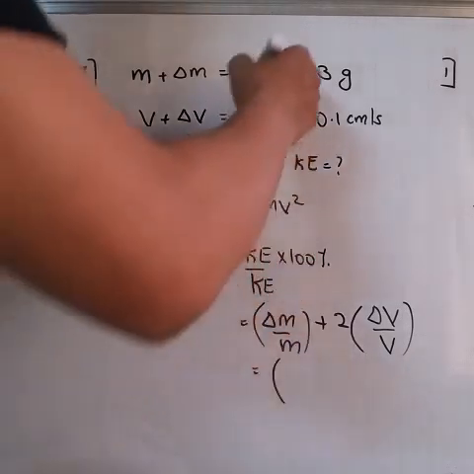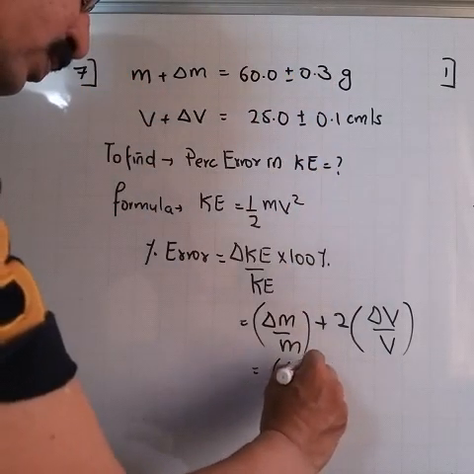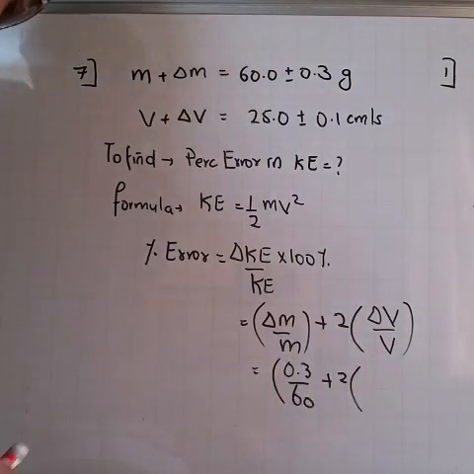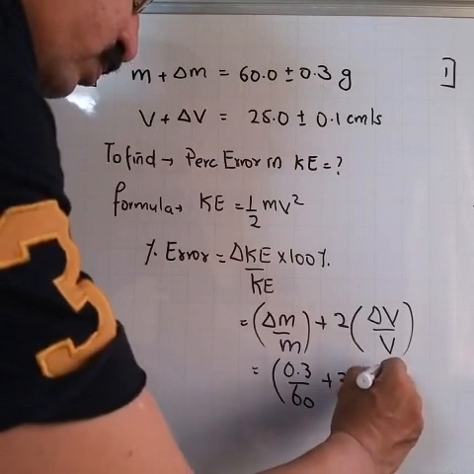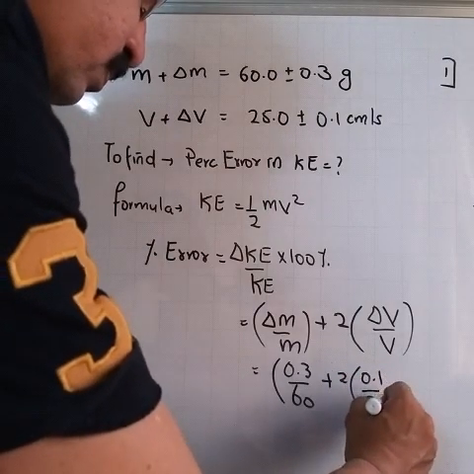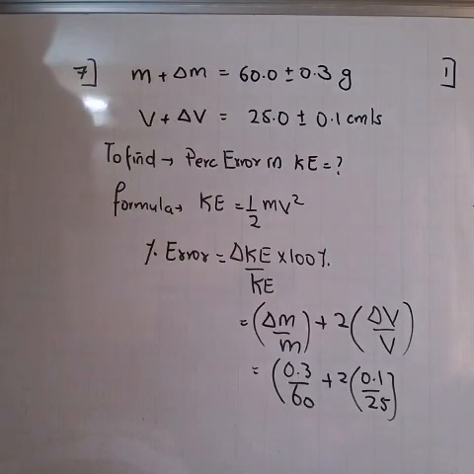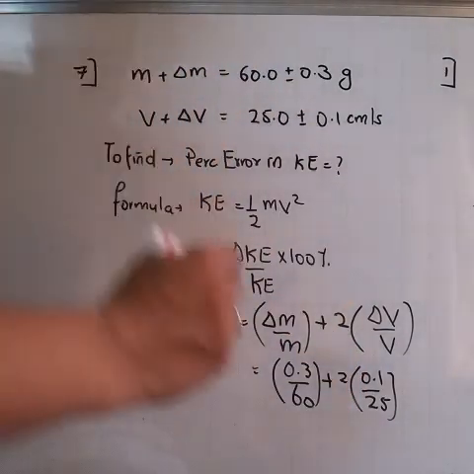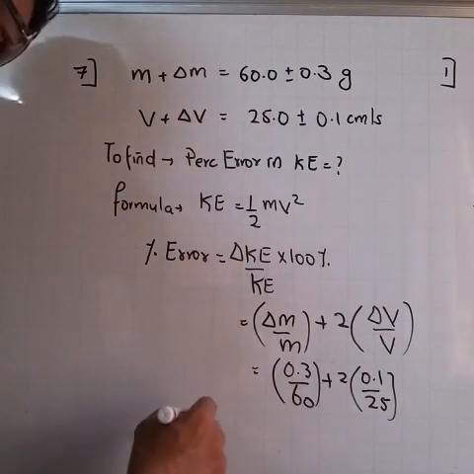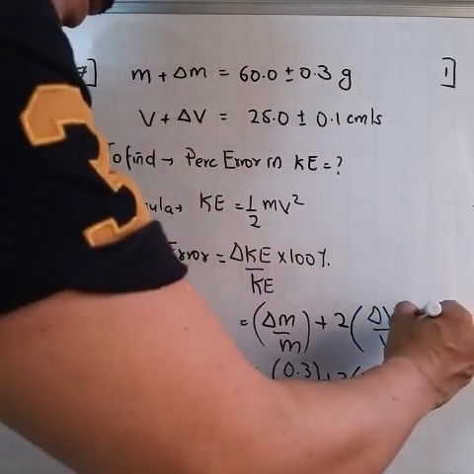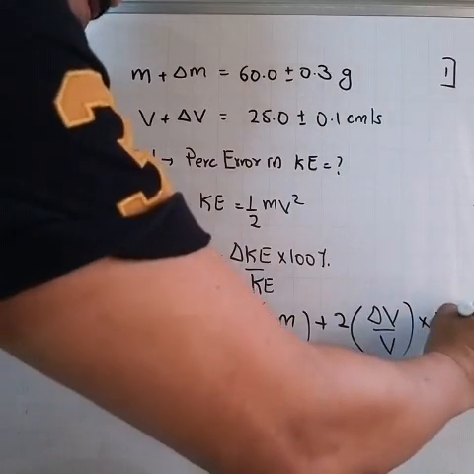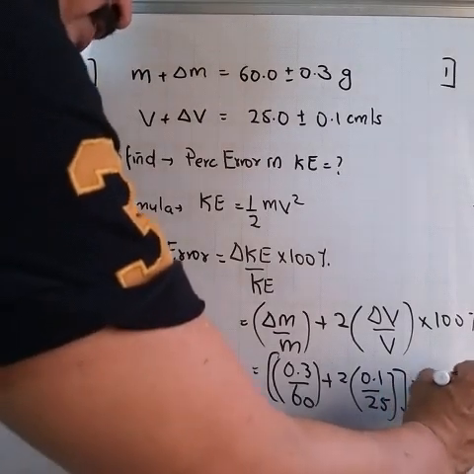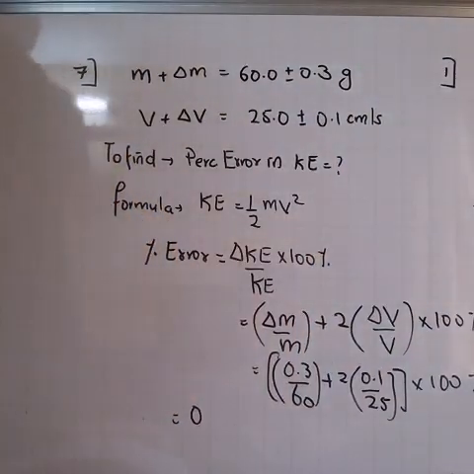So when you put the values, 0.3 upon 60 plus 2 times 0.1 upon 25. Okay. Now divide this. When you divide this, what you get? This will be into 100%. This whole will come outside the bracket, and we write here into 100%.